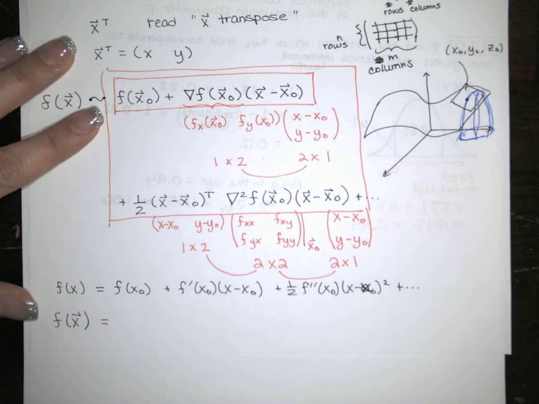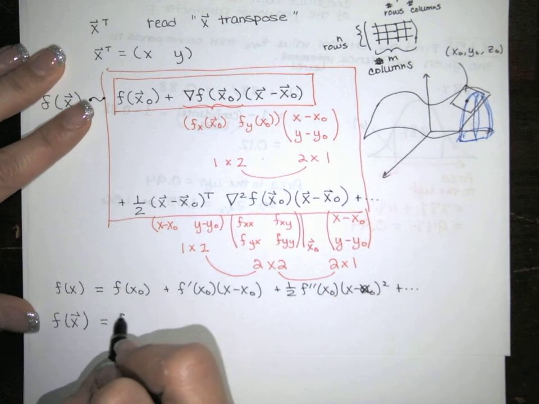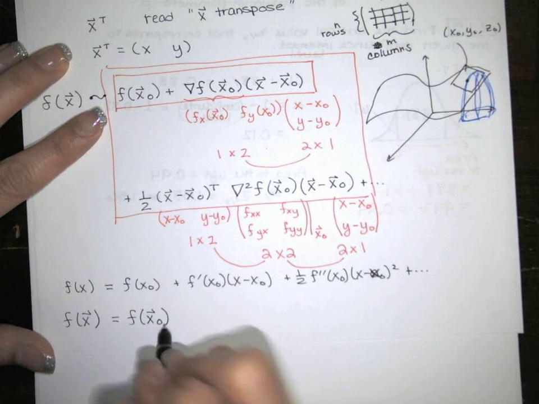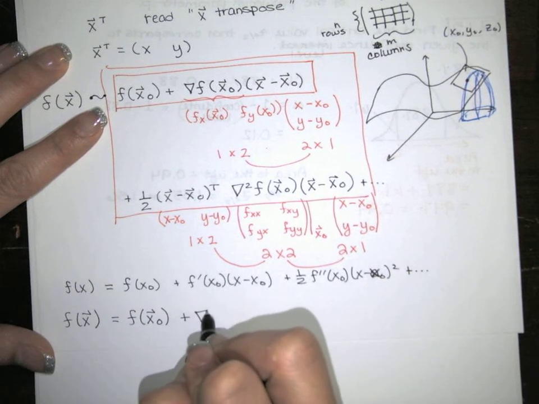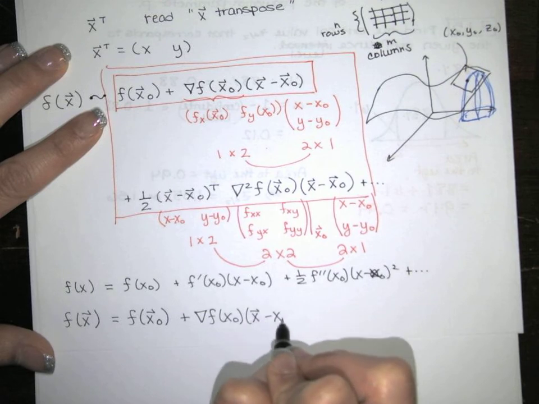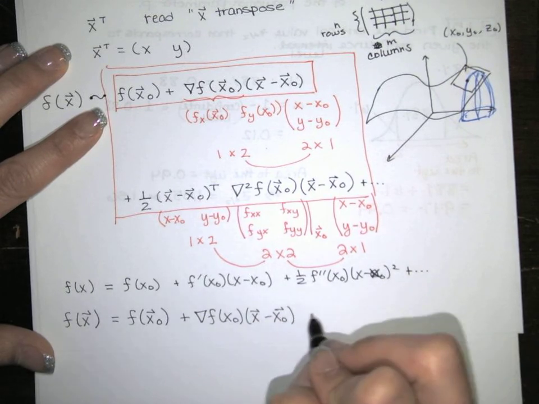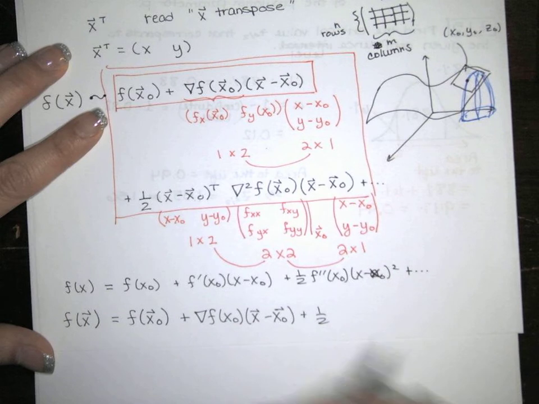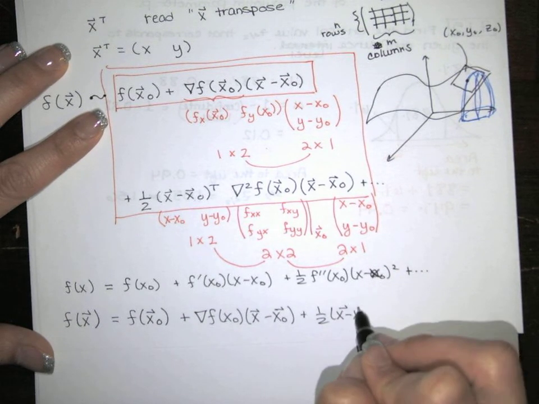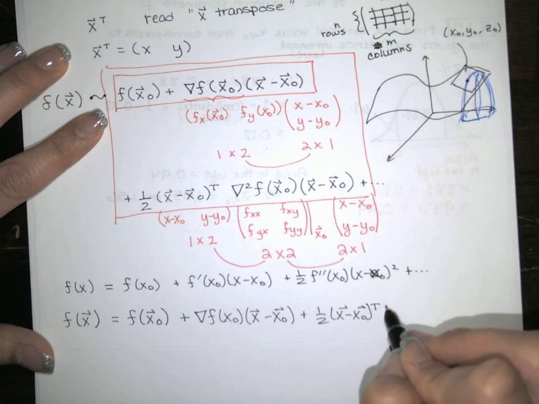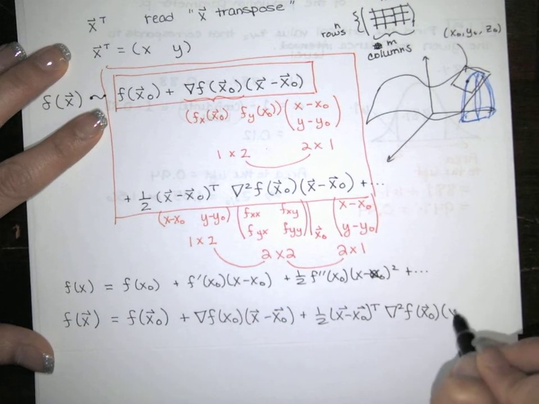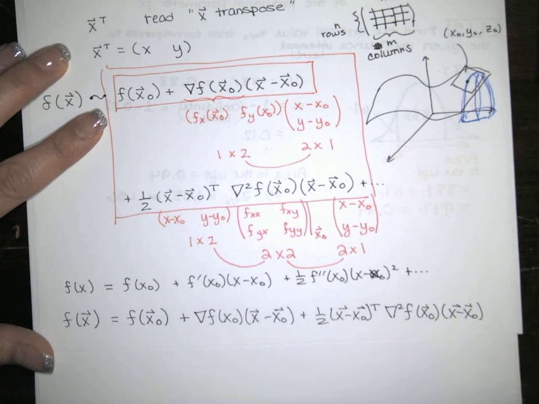And then under certain circumstances, the function f can be written this way: f at the vector x naught plus the gradient at x naught times the vector x minus x naught. Here, instead of this, we've got to do something sort of different. We've got the x minus x naught transpose on this side, the Hessian evaluated at x naught, and x minus x naught just normal on the other side.